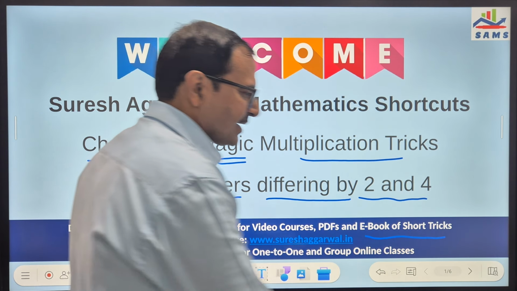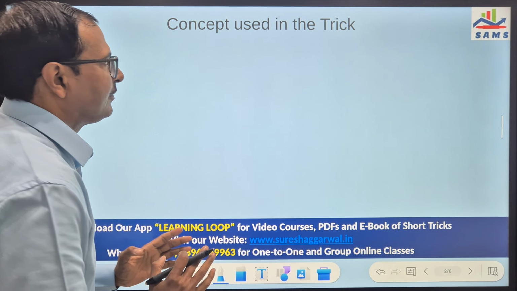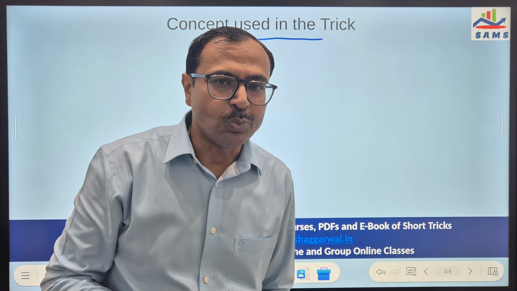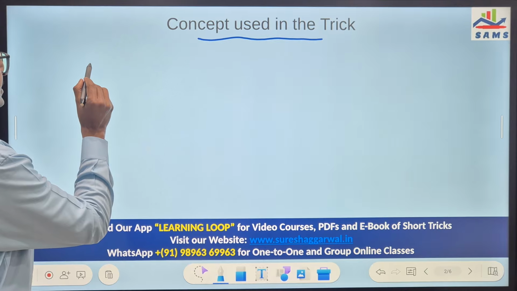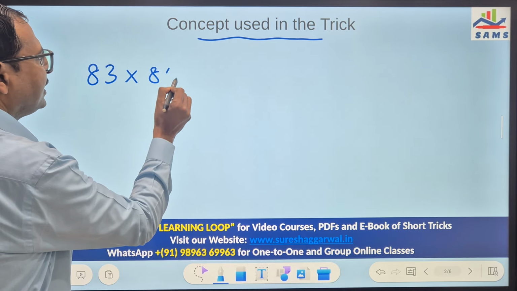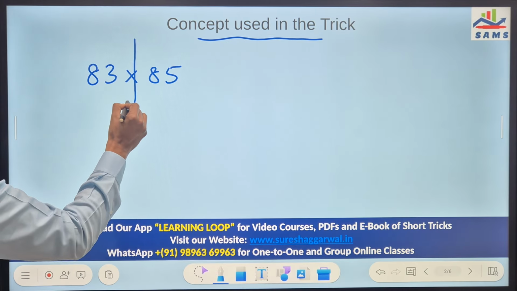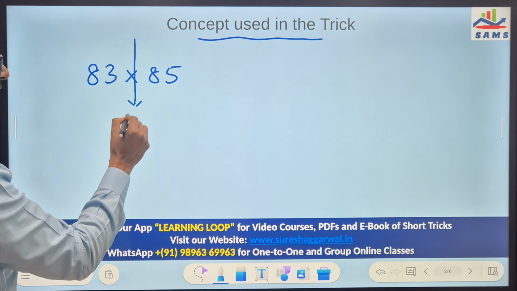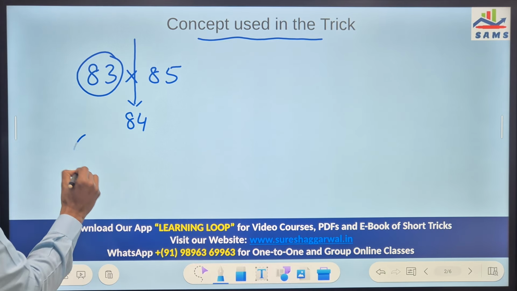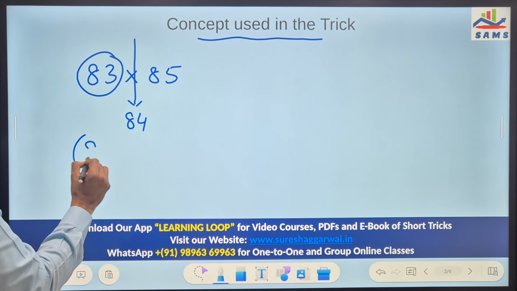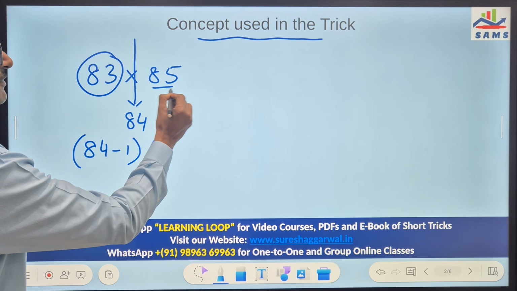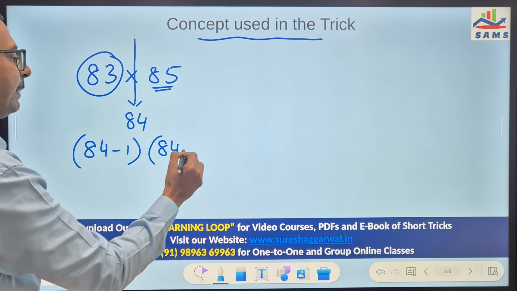So friends, let's understand the concept involved here. Whenever the numbers differ by 2, let's take an example of 83 and 85, right? We have an intermediate number lying in between these two, which is 84. So we can express both of these numbers in the form of this intermediate number. Like 83 is 84 minus 1 and 85 is 84 plus 1.